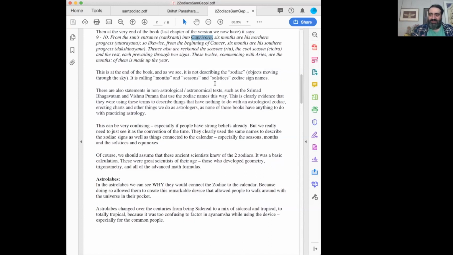Actually, we have to measure the Sankrantis also in a tropical way for the calendar years. Yes, this is another error. This is an error in the Indian calendar, which is absolutely true. Exactly. Sankranti should be tropical, no question about it.